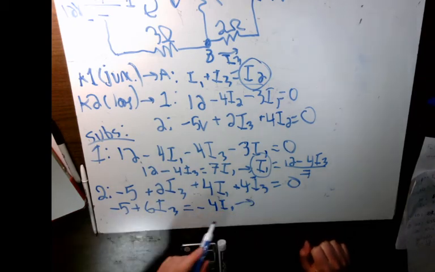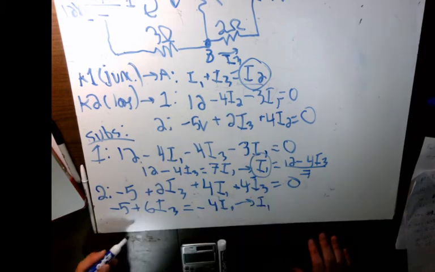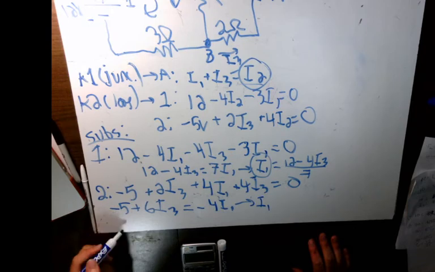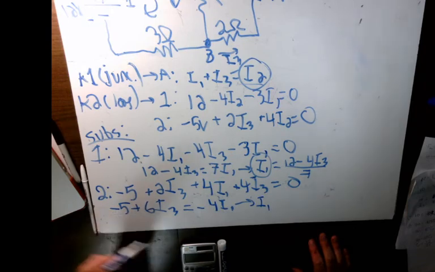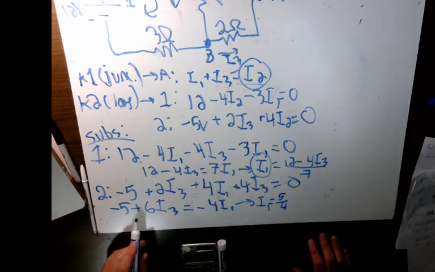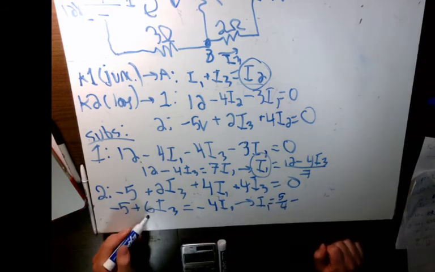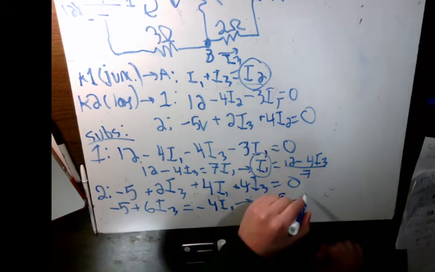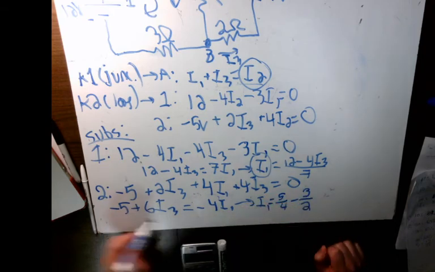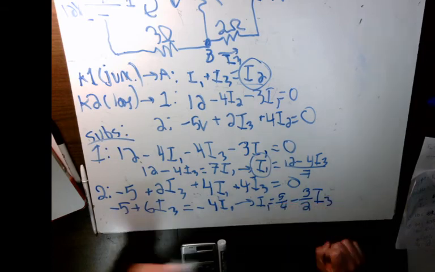So here, I'm going to solve for I1 by dividing negative 4 from both sides. I1 is equal to, negative and negative becomes positive, 5 over 4, and this positive 6 and the negative 4 will become a negative 3 over 2. 6 over 4 simplified to 3 over 2 I3.